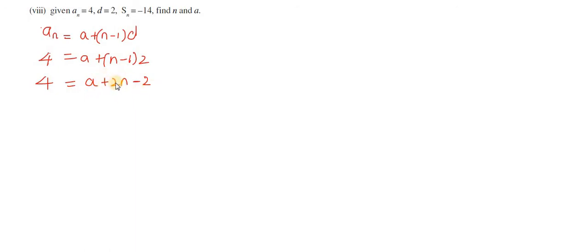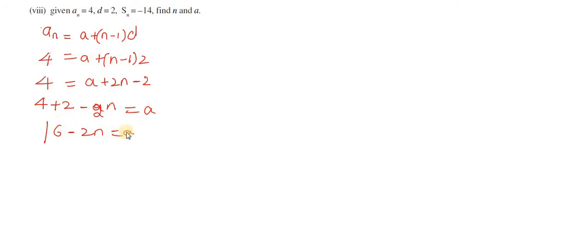So we can write 4 plus 2 minus 2n is equal to a. So 6 minus 2n is equal to a.